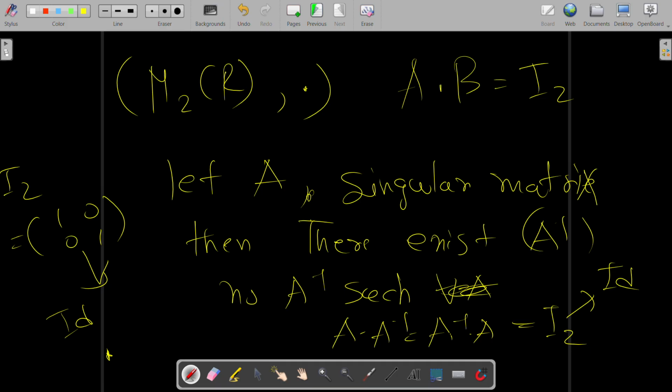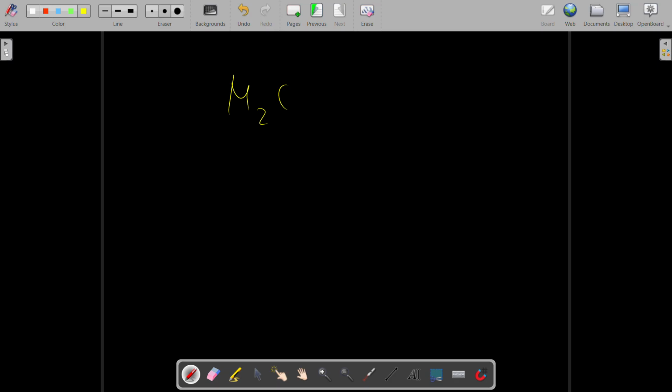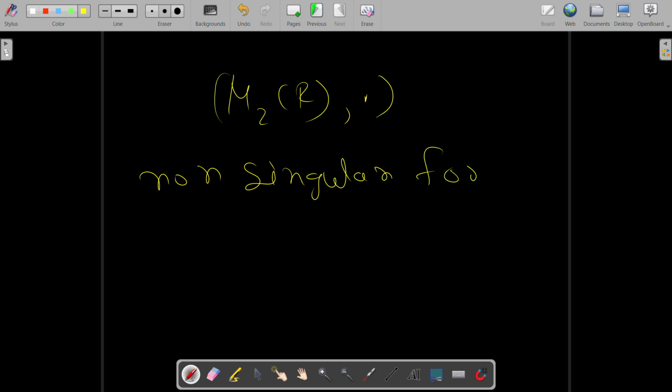So a unique inverse will not exist for each element. So all the real matrices of order 2, order 3, anything like that of order n under the operation multiplication will not form a group. But all non-singular matrices will form a group.